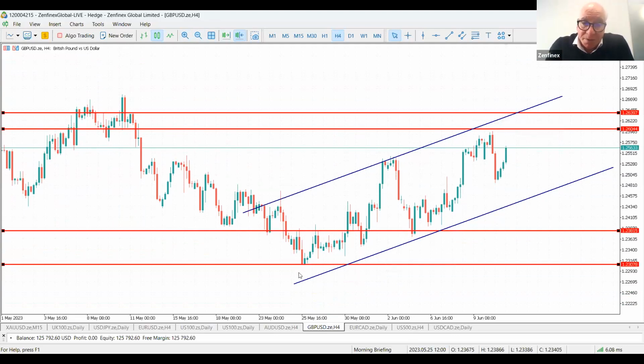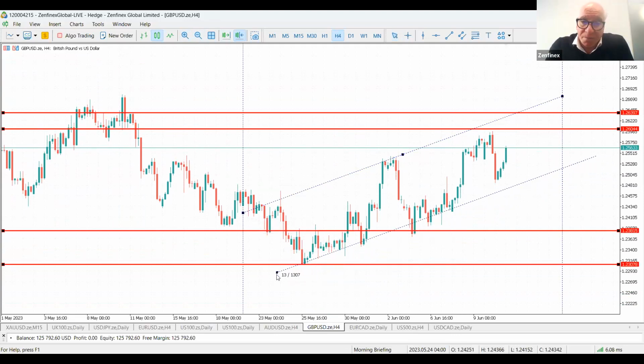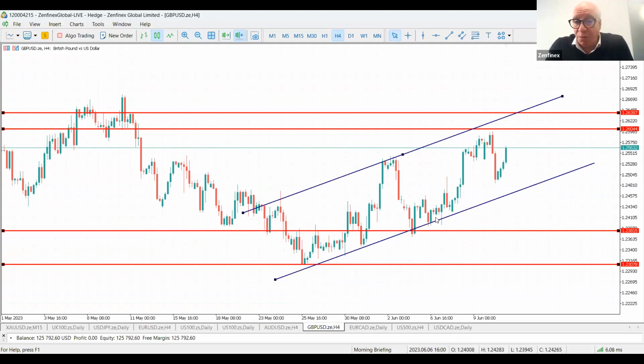I'm going to tighten up my channel a little bit to try to hit as many points as possible, because what I'm really looking to do is look for support and resistance where areas could either act as entry points or even stop levels.